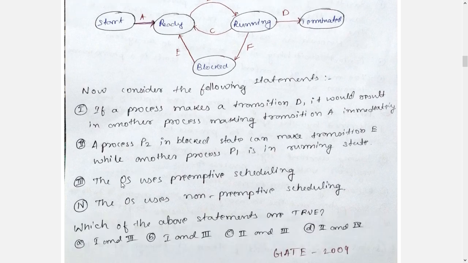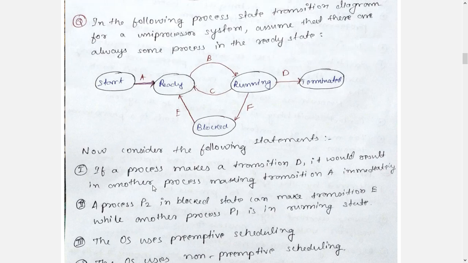Next, the OS uses preemptive scheduling. Yes, this is also true because, as I said, when a higher priority process arrives in the ready queue, which requires the CPU instantly, then the process which was currently under execution must be preempted, must be removed.